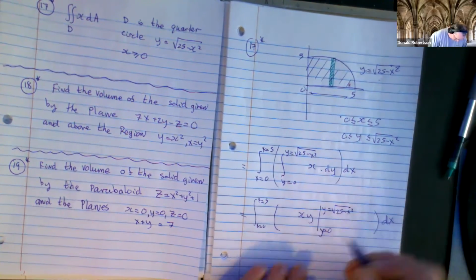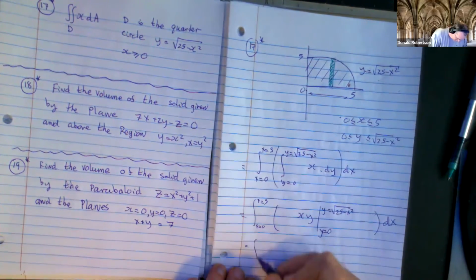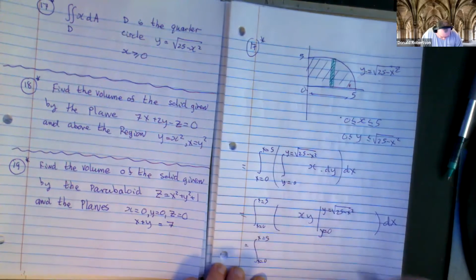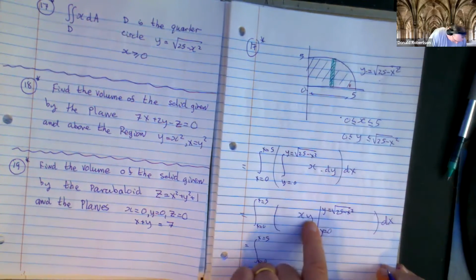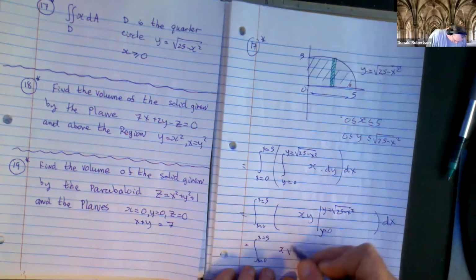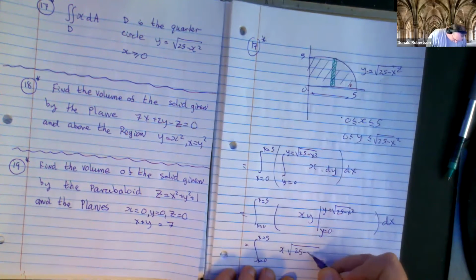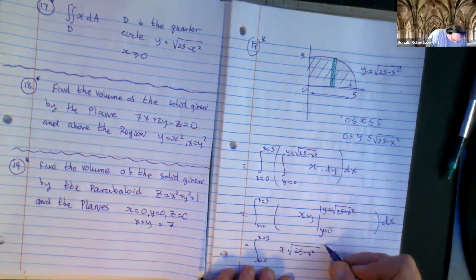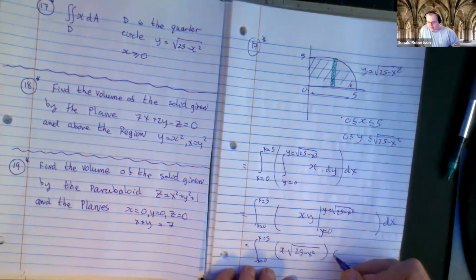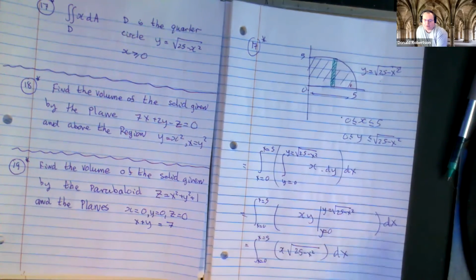And so you're going to get the integral from 0 to 5. If you plug in y here, you get x, the square root of 25 take away x squared, minus nothing, so don't care about it. You get that guy. And of course, we end up with an integral that involves us having to use who?